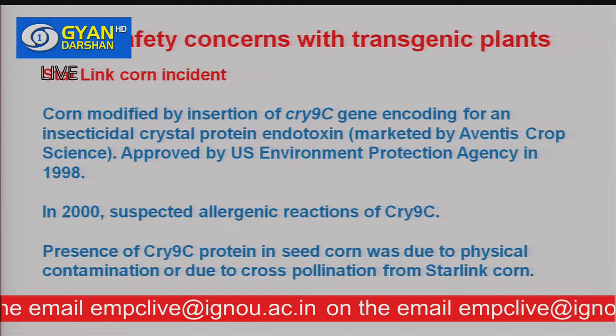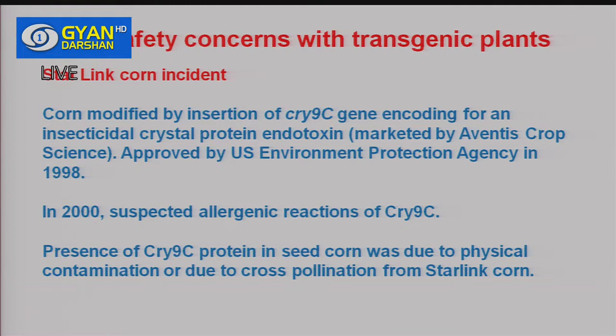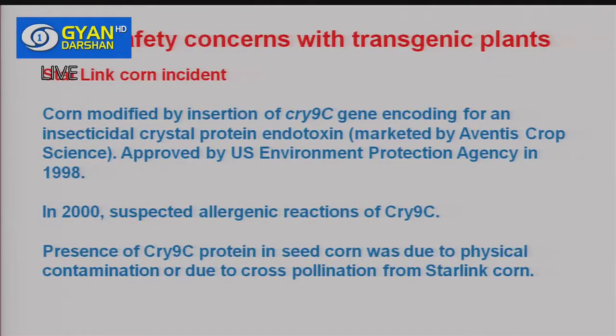The plants were found to be insect resistant, but later on it was found that the people consuming this transgenic maize were acquiring some sort of allergenicity. So there was a suspected allergenic reaction in certain human populations. In that way, the StarLink corn was abandoned because it was not accepted, as it created some sort of allergenicity.